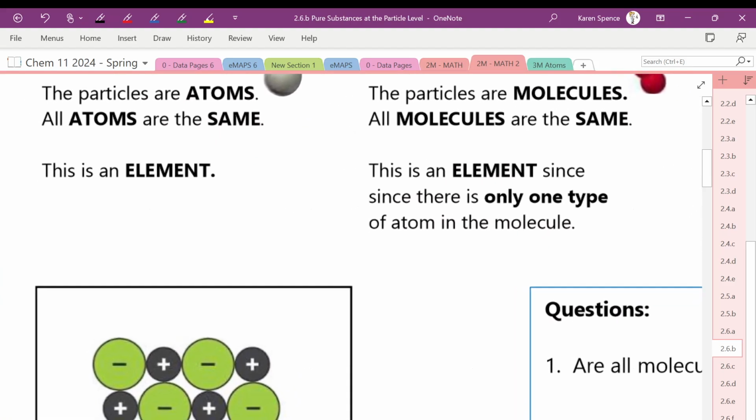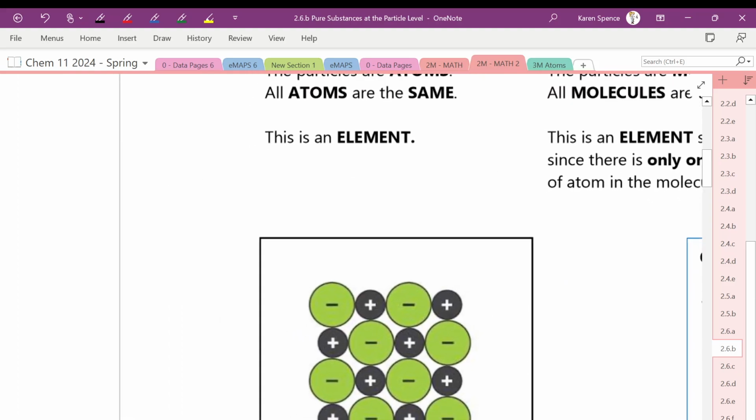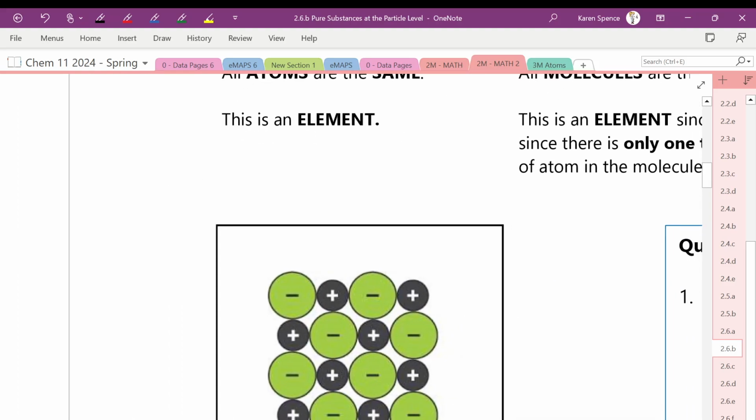Now I would like you to take a look at this and tell me, is that a pure substance or not? This one right here. Convince your partner. Is it a pure substance or not a pure substance?